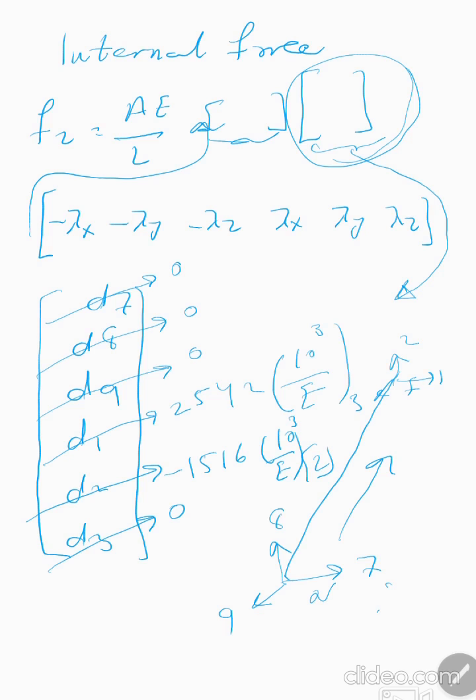So now F1 equals 0, and F2, the internal force of member number 2, will be 584 kilonewtons.